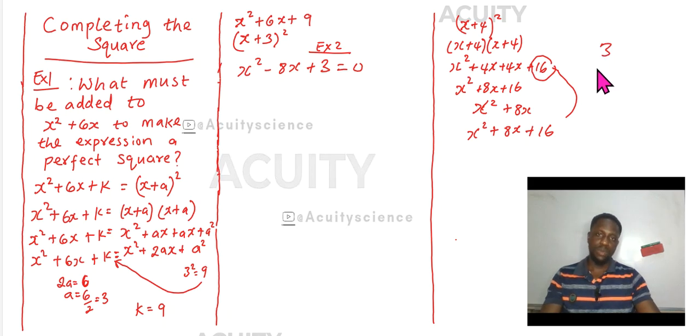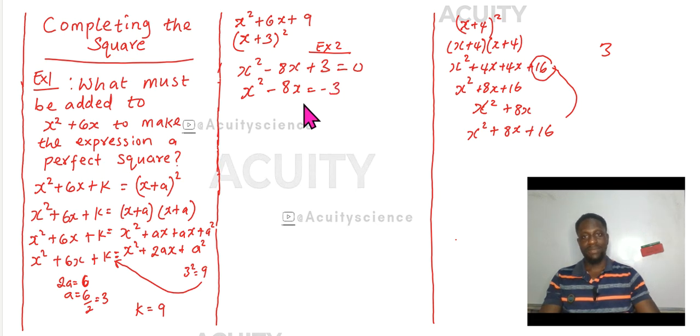Now you're looking for two numbers that multiply to get 3 and add to get minus 8. There are no such numbers, my dear. So what would you do? You remove this 3. Just take it across so that you have x squared minus 8x equals minus 3. You can't find whole numbers that will do that job for you.